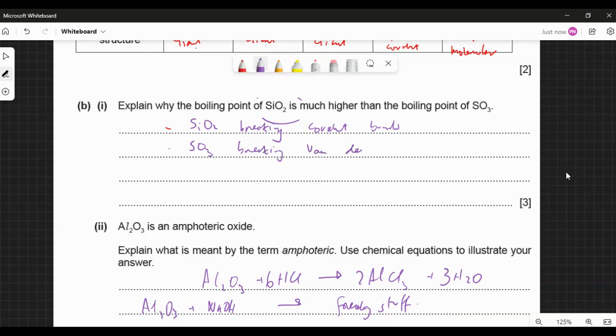So that's a statement of fact, but you've got to pull the trigger on the answer, and then you've got to say covalent bonds require more energy to break. Okay, and therefore they're going to have a higher boiling point.